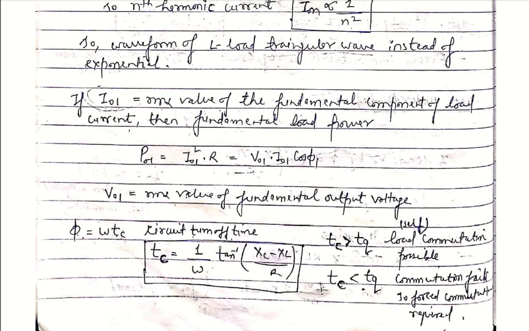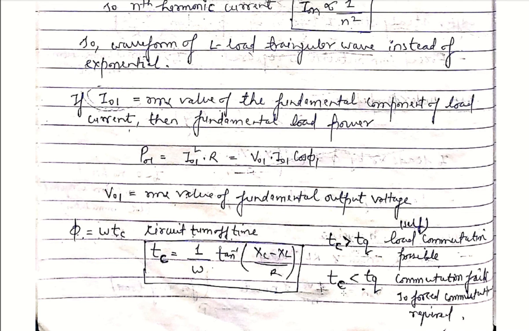So how do we calculate Tc? It is 1 by omega into phi. Put the value of phi, tan inverse of (Xc minus XL) by R. Tc should be greater than Tq. What is Tq? It is the device turn off time, and Tc is the circuit turn off time. If this circuit turn off time is greater than the device turn off time, load commutation is possible. Load commutation in the sense of self commutation is possible.